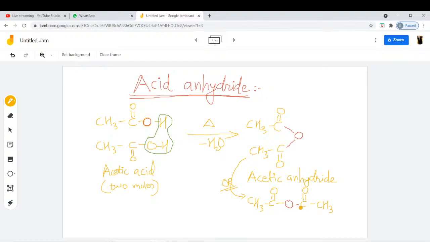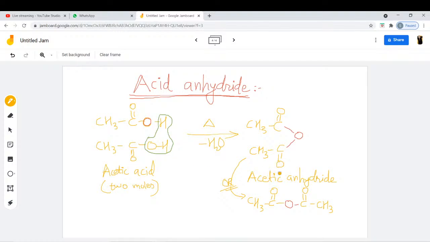Acetic anhydride. One more thing I want to share: these anhydride forms are much more reactive than the corresponding acids. If you put acetic acid in a reaction, it goes normally, but if you put acetic anhydride instead of acetic acid, the reaction goes vigorously.